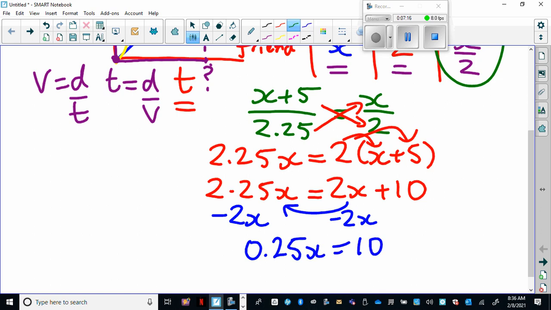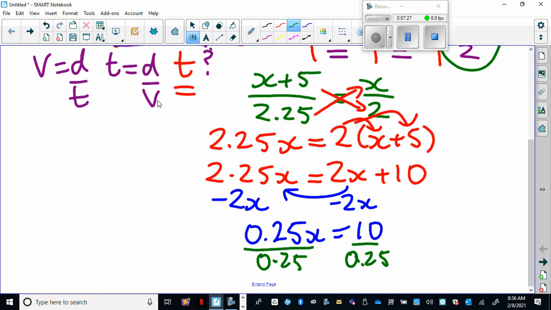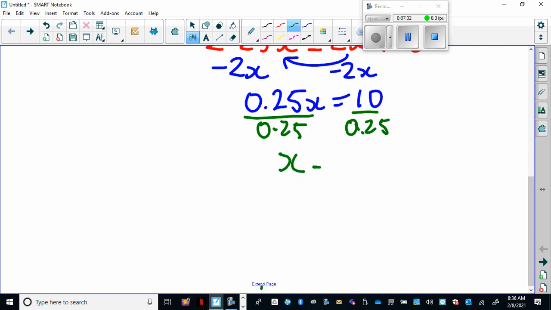Divide both sides by 0.25, and you end up getting x equals 40. 10 divided by 0.25, or 10 divided by a quarter, is x equals 40.